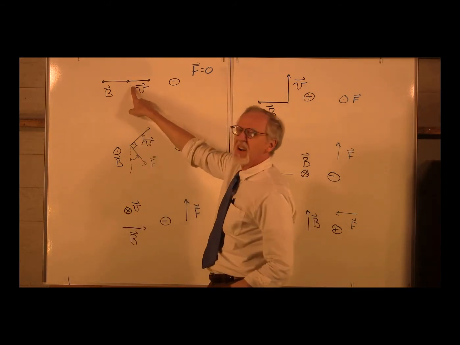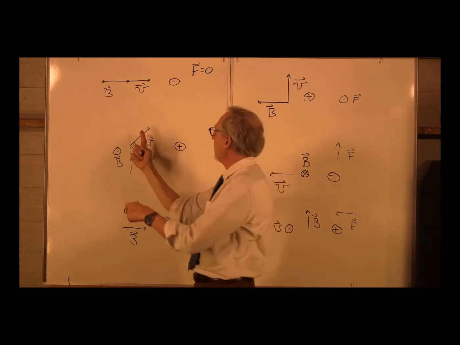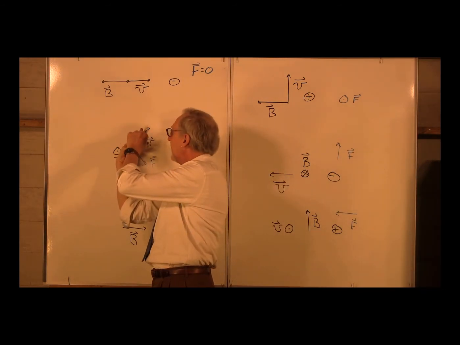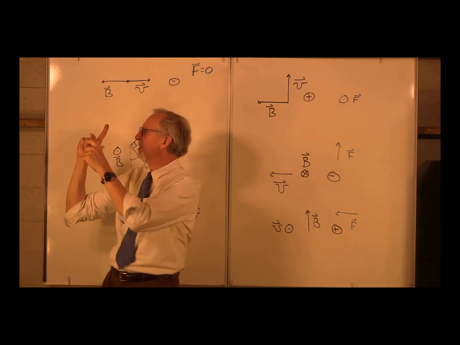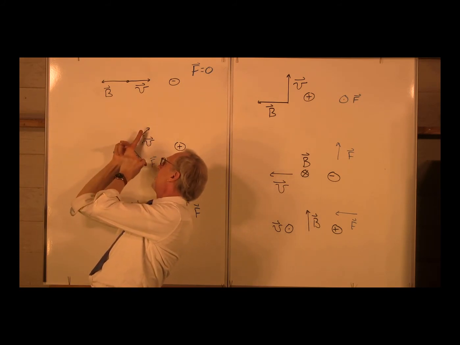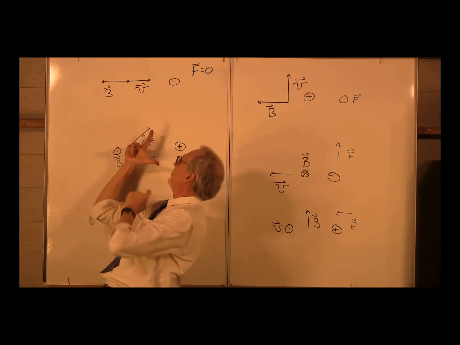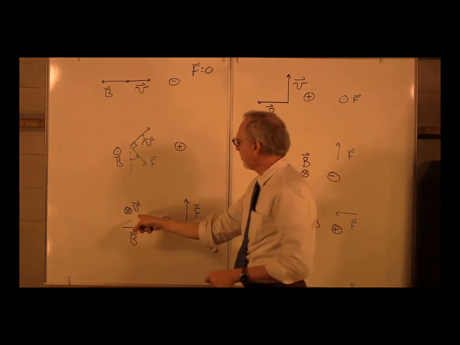V, okay, we already know 180 degrees, so that's 0 force. Here, V is up that way. B is, you need to kind of move around a little bit sometimes. V, B out of the board, thumb points down that way for a positive charge. There we go.